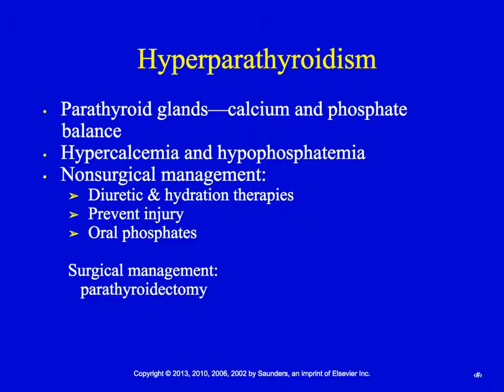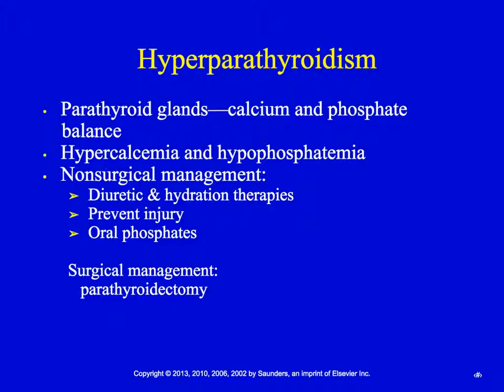So treatment of this is going to be to try to lower those calcium levels, and that can be done by a diuretic. Furosemide can actually help increase the excretion of calcium, and then they can do hydration, which is giving them IV fluids that will help dilute the levels of calcium in the patient.